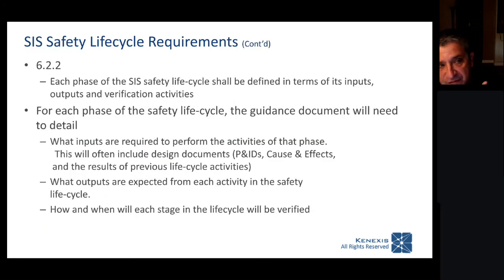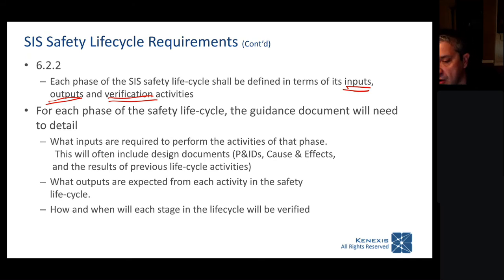Okay, going on a little bit further, you need to define each phase, each step in the safety life cycle in terms of its inputs, the outputs, and the verification activities that need to occur for that phase. So there's a phase called hazard and risk assessment.